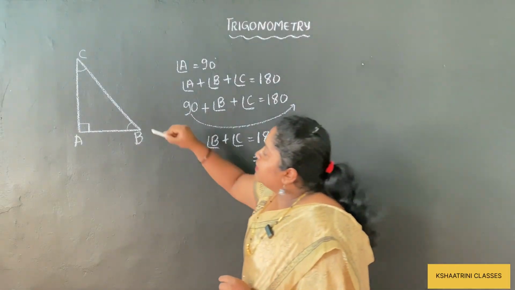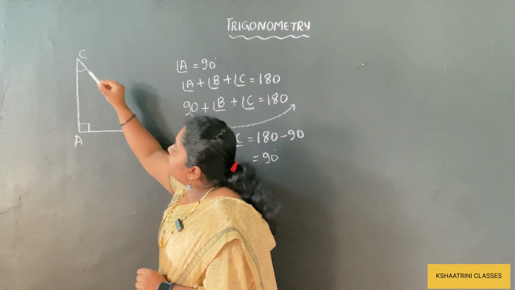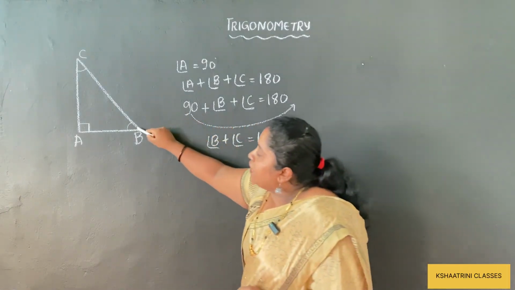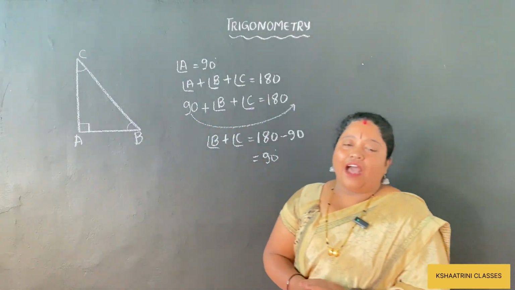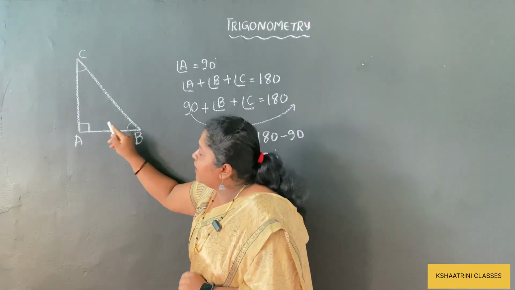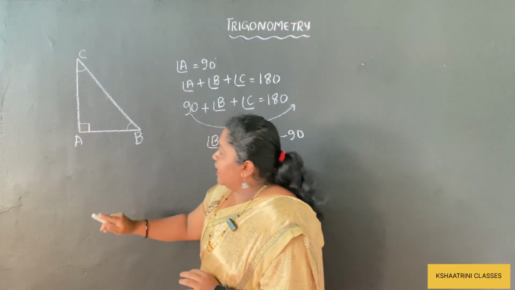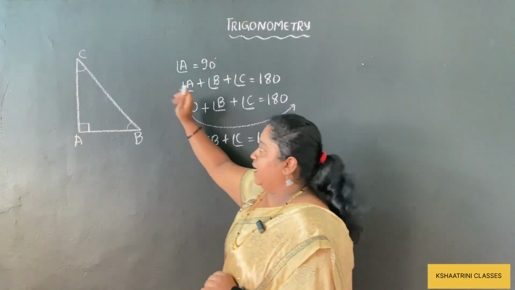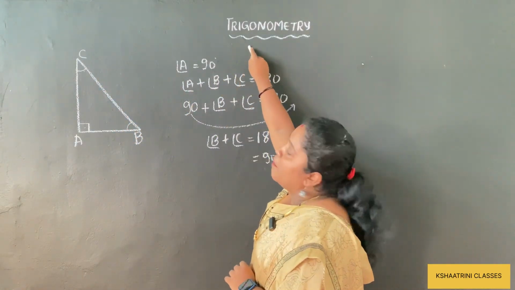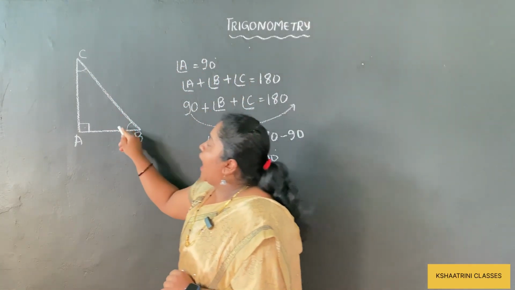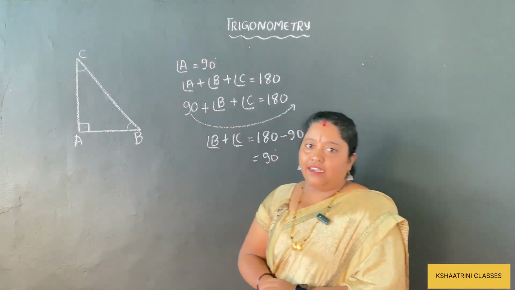If the sum of angle B and angle C is equal to 90 degrees, it is sure that both angle B and angle C are acute angles. So in a right angle triangle, angle A is 90 degrees and angle B and angle C are acute angles, which means trigonometry can be applied only to acute angles of a right angle triangle.